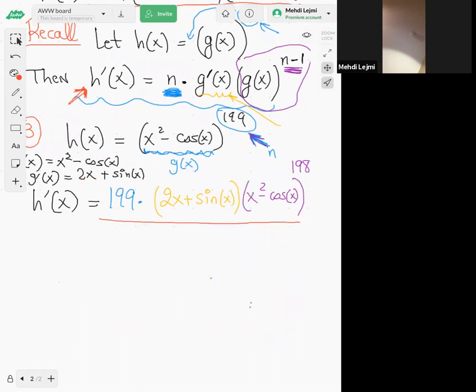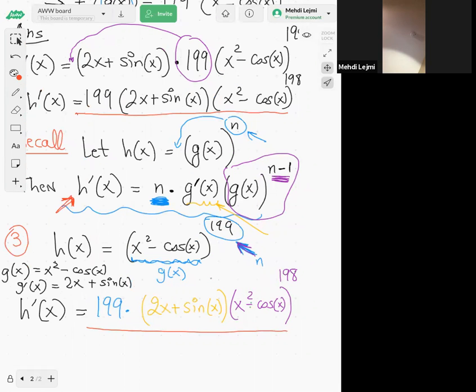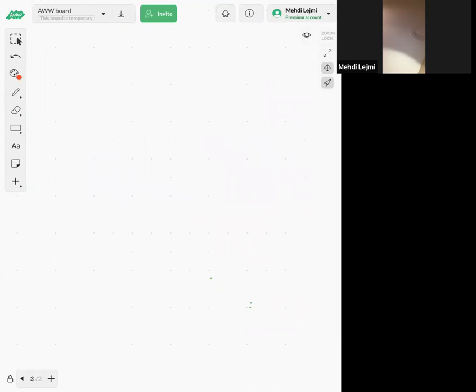So now we're gonna extend. I'm probably gonna move to the next page, unless there's a question about this example. Nope. Okay. So we're gonna extend the chain rule to 3 functions.